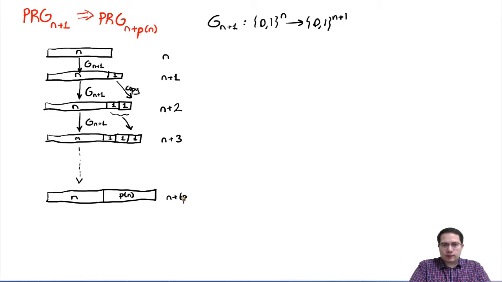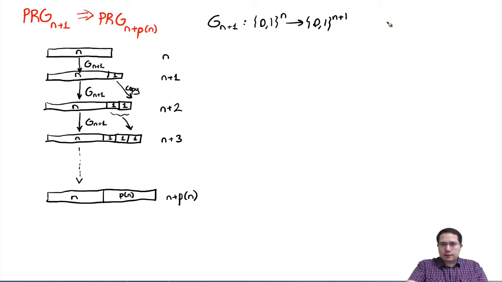So remember what we said? If I run G_{n+1} once, I have n plus 1 bits. If I run it twice, I have n plus 2. If I run it 3 times, I have n plus 3, which means if I run it p(n) times, I will have n plus p(n).